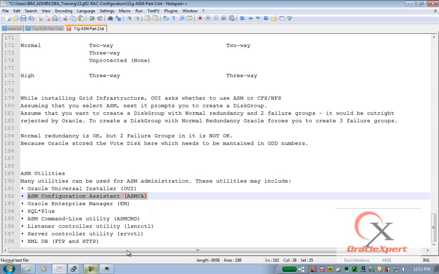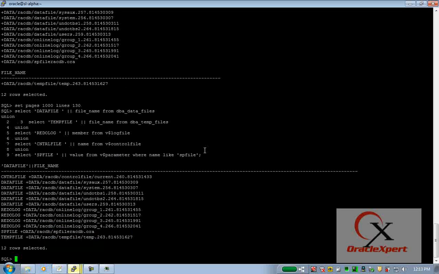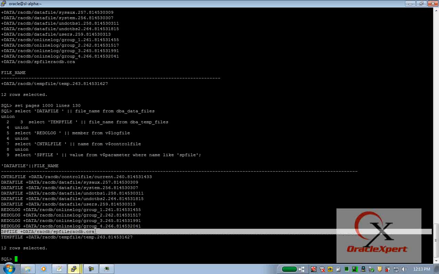Now consider a classic case, although nobody is going to do this in real life. I want to copy this SP file. How would I copy? There are multiple ways of copying. The ASMCMD command line provides you a CP command, but this CP command is only for those who have physical access to the server.